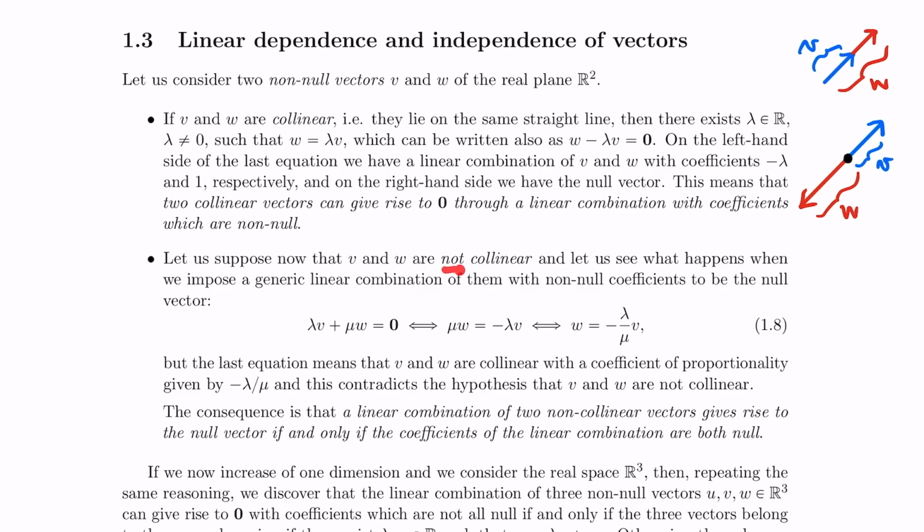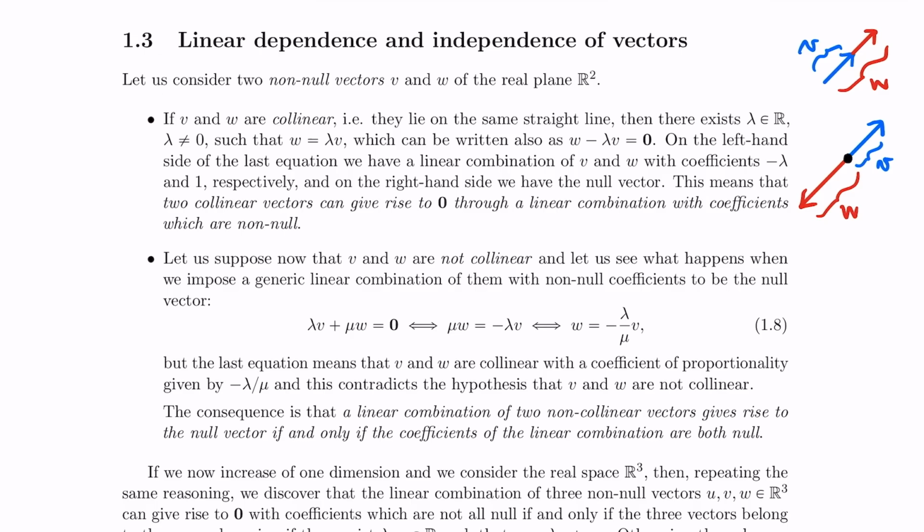This is, of course, a contradiction with respect to the hypothesis of non-collinearity, and so the fact that we can write a linear combination of two non-collinear vectors and we get the null vector by using non-null coefficients in the linear combination is just not possible.